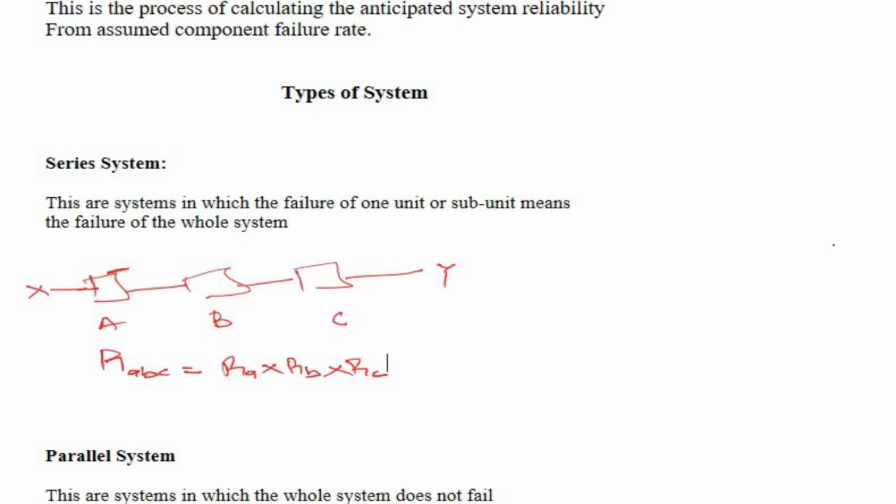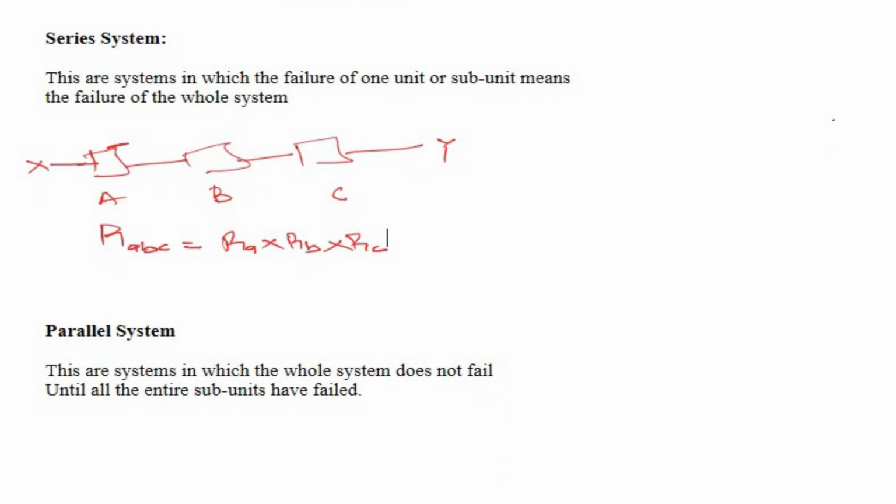Now let's move to the parallel system. Parallel systems are systems in which the whole system does not fail until all the subunits have failed. So you see, the reliability of a parallel system is more reliable than a series system.